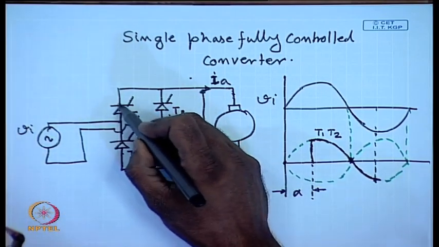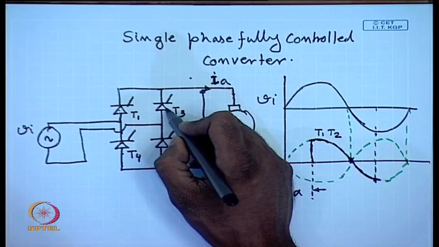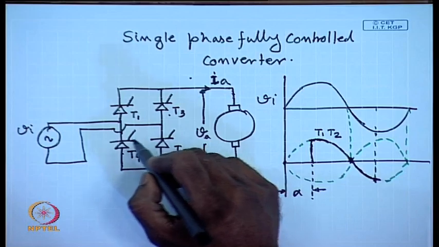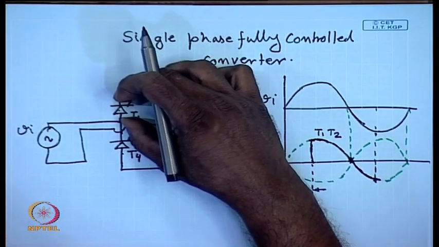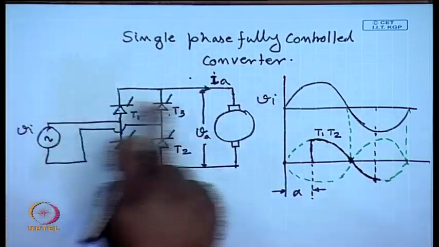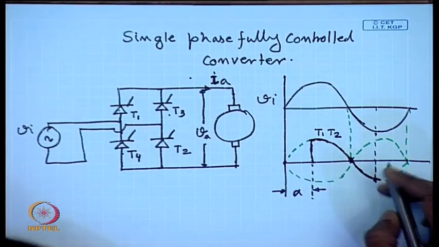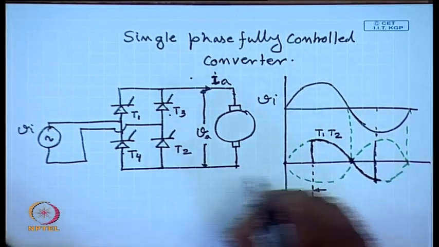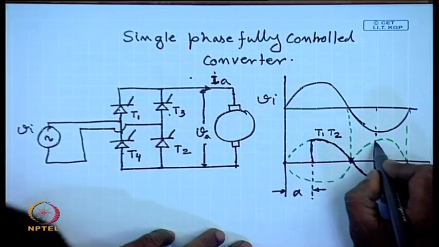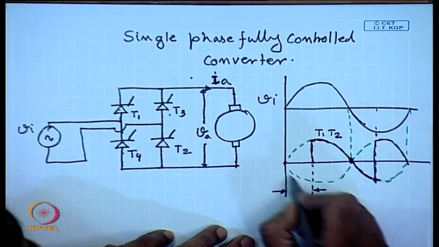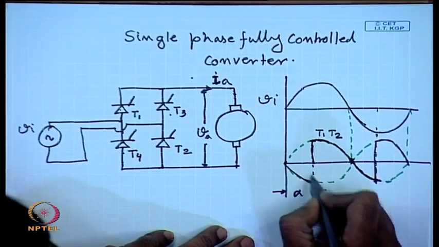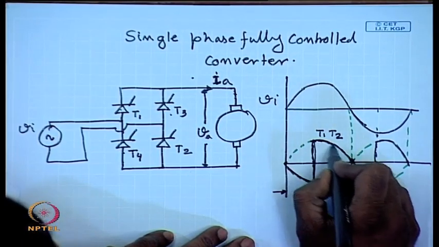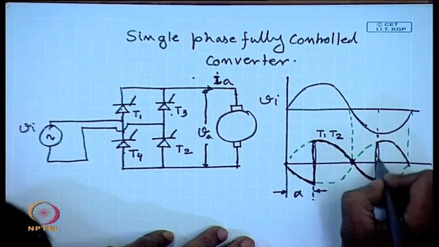T1, which was a normally on switch, when T3 is turned on, then a reverse voltage, minus V I, will be applied across T1 and the current through it will transfer to T3, that way T1 will turn off. Hence, now the armature voltage will start following minus V I. Same thing will happen here. So, the final armature voltage will look somewhat like this.